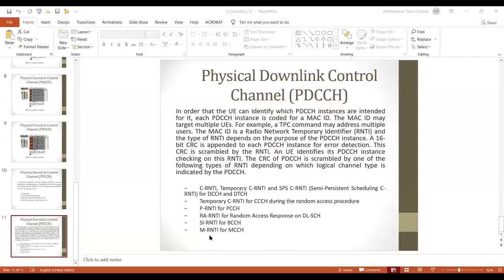And M-RNTI is used for MBMS operation, mobile TV. We're skipping that part because it is less important. The rest of the RNTIs we'll have to touch upon.